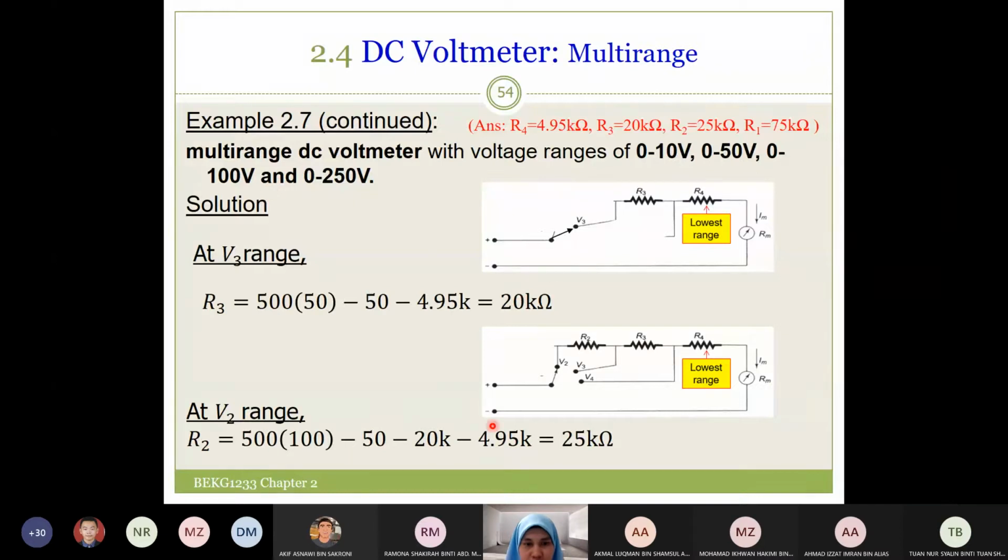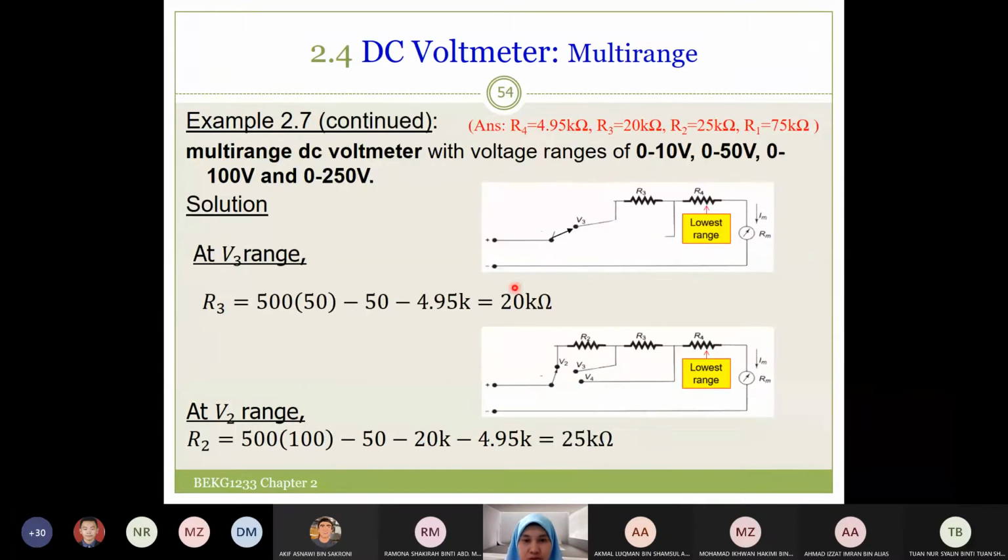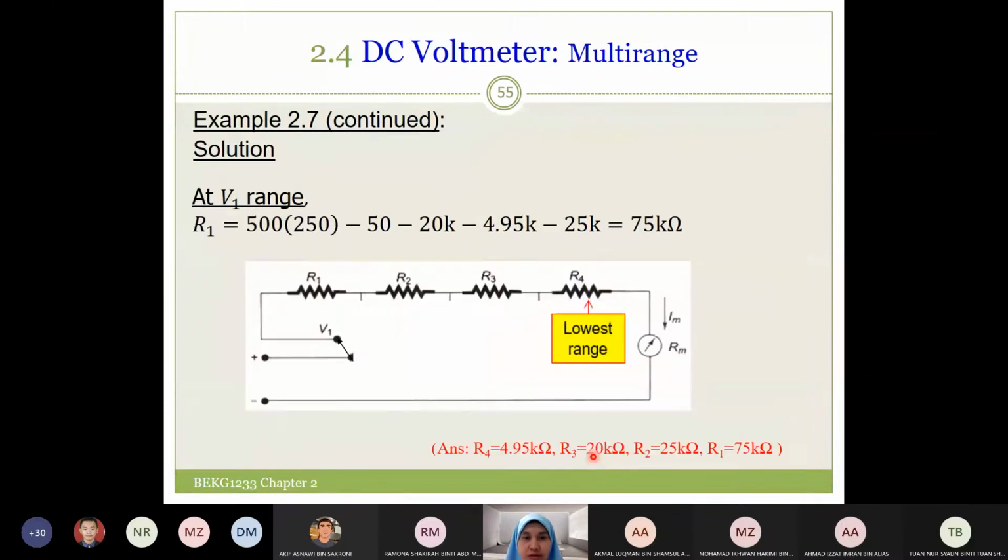Minus 50 minus 20K minus 4.95K, we get 25K. The R becomes larger and larger: from 4.95K, 20K, 25K, and then the last range at V1 is equal to 250. 250 minus RM and then all R2, R3, and R4. Finally R1 is equal to 75K.